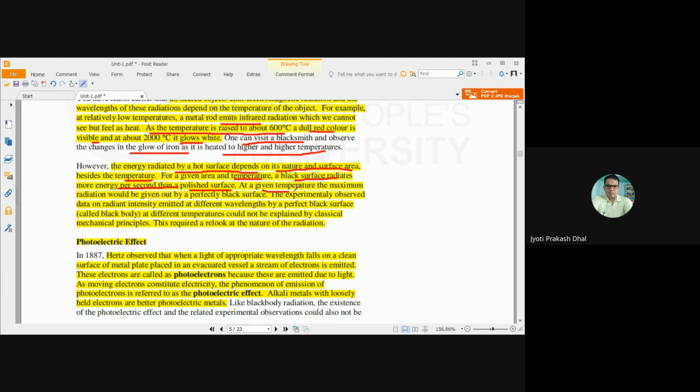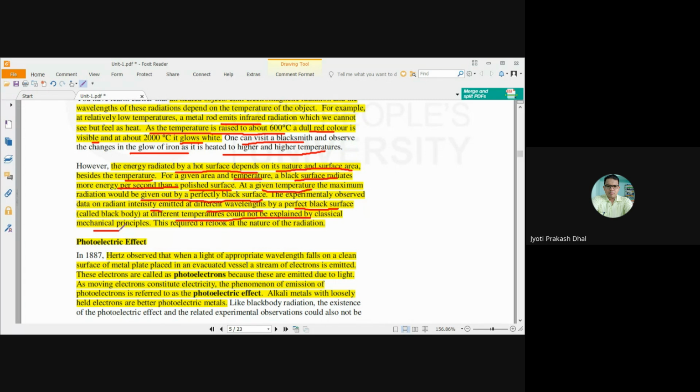That means at a given temperature, the maximum radiation would be given out by a perfectly black surface. The experimentally observed data of radiation intensity emitted at different wavelengths by a perfect black surface at different temperatures could not be explained by classical mechanics.